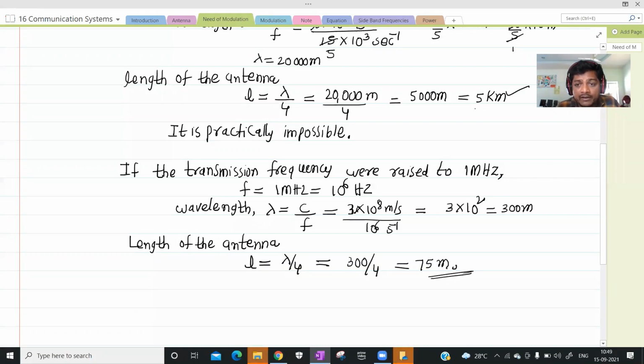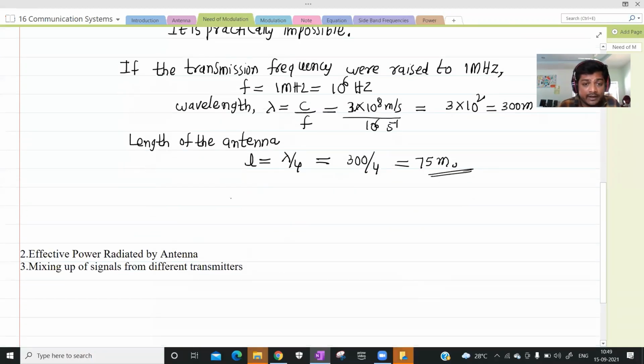Here we were getting 5 kilometers, but now we are getting 75 meters, which is reasonable and possible to construct.